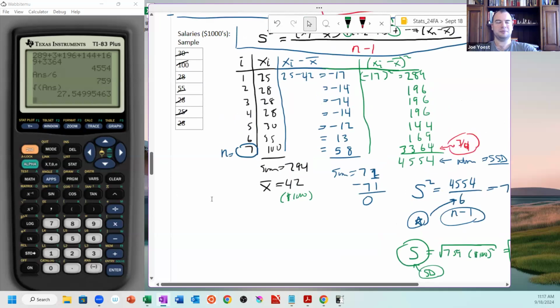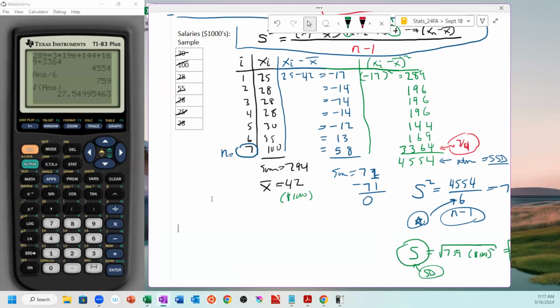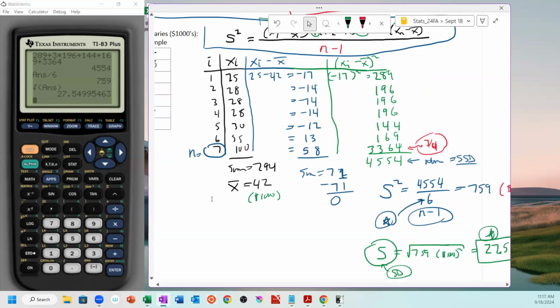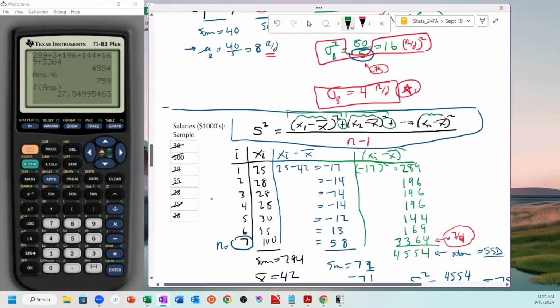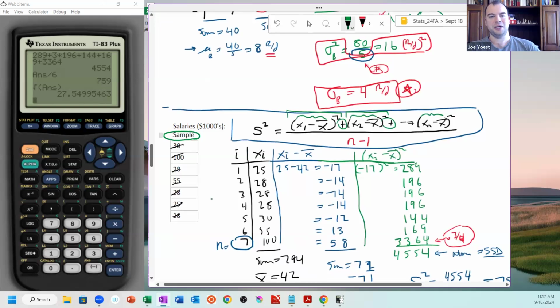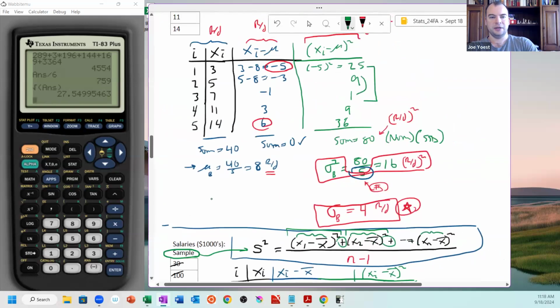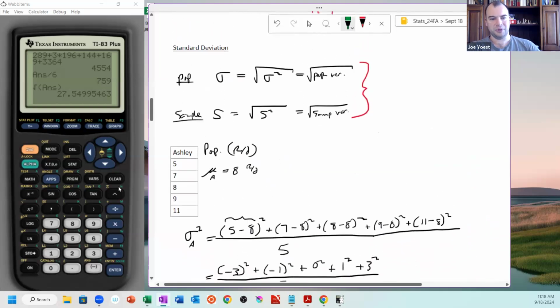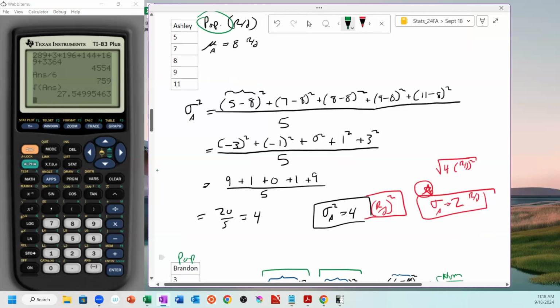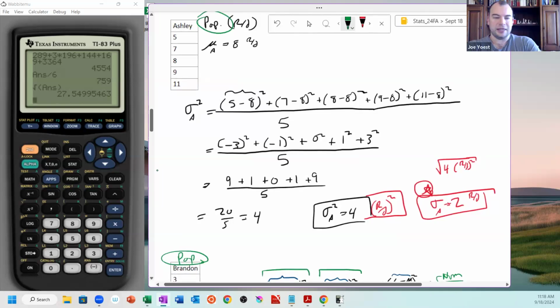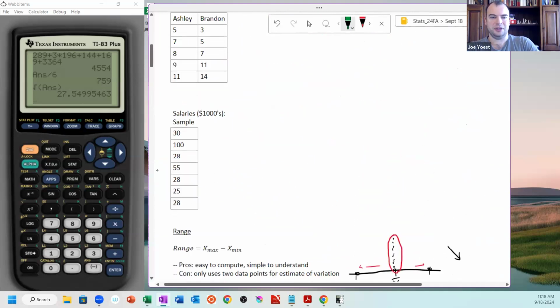Any questions on this? I have a question. Sure, yeah. For the salaries, how come we used n minus 1 down here instead of in the other problems, like the one for Ashley and Brandon? Yeah, because this one is a sample. And Ashley and Brandon, I guess I didn't bring those down, but these are both populations. Okay, it makes sense now. Thank you. Yeah, I should have brought that down with the Ashley and Brandon data.